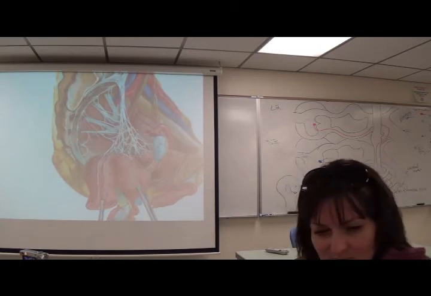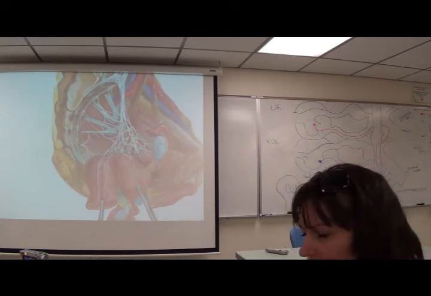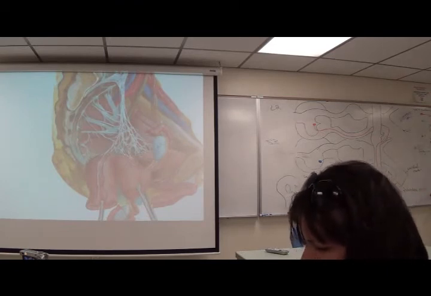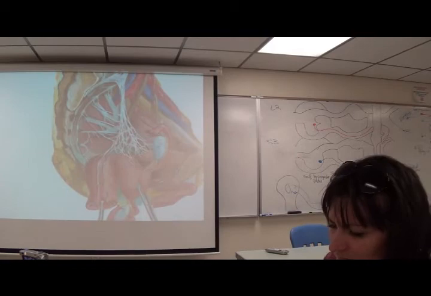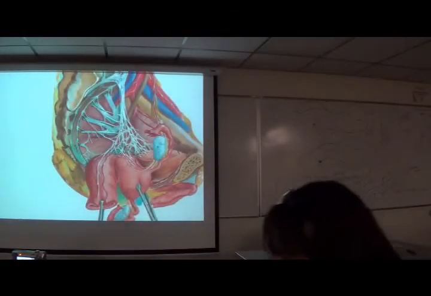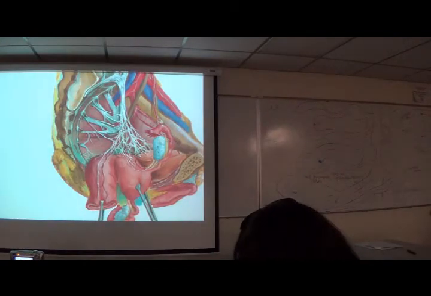Okay, so the last thing, there's two more things I want to show you. Nothing new, summarizing stuff together. So if we look on this slide, this is that same slide that I showed you, sympathetic. Here is parasympathetic. Here's our ventral rami. This is what we showed yesterday.